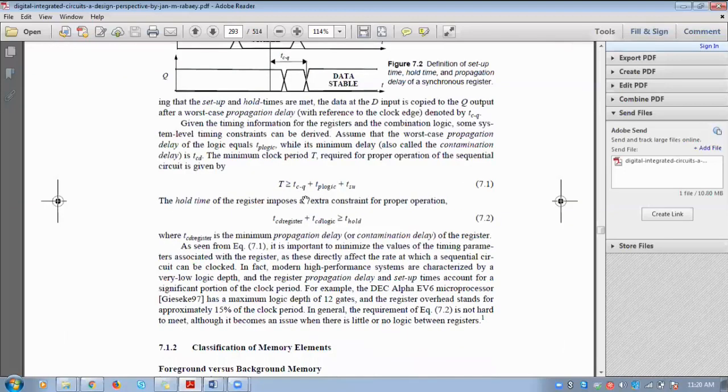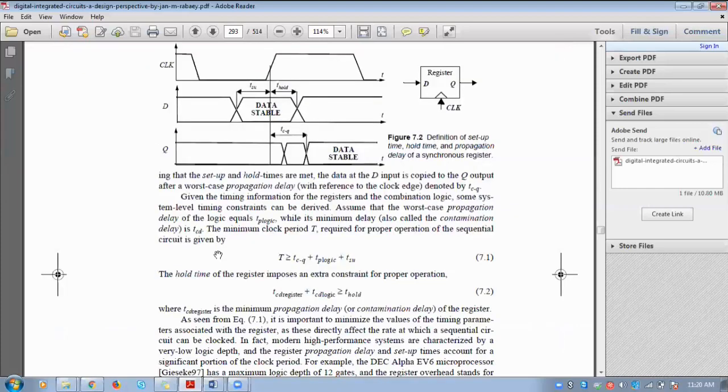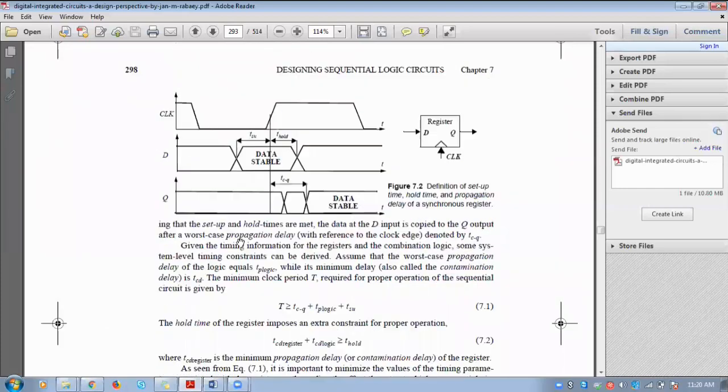Rise time, as you all know, is the time taken by the signal to rise from 10 percent of its steady state value to 90 percent of the steady state value. Fall time is just the opposite: the time taken by the signal to fall from 90 percent of the steady state value to 10 percent.